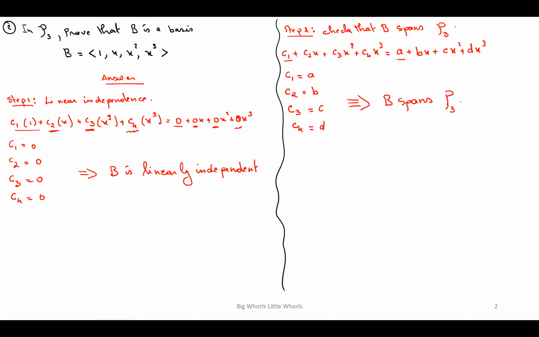We can find those C's for any element in P3. So in conclusion, we can say therefore B is a basis for P3.